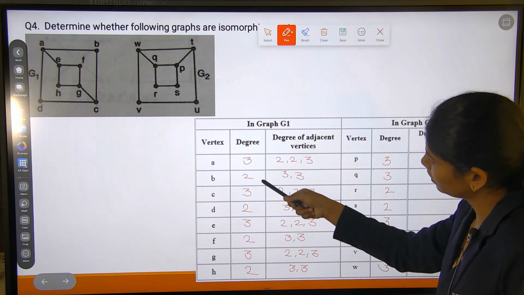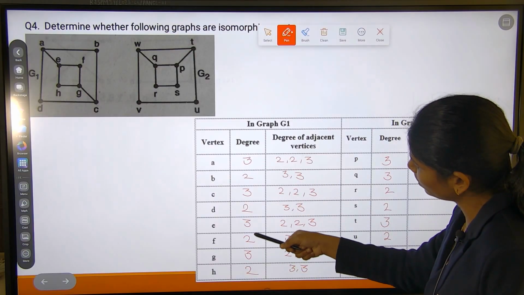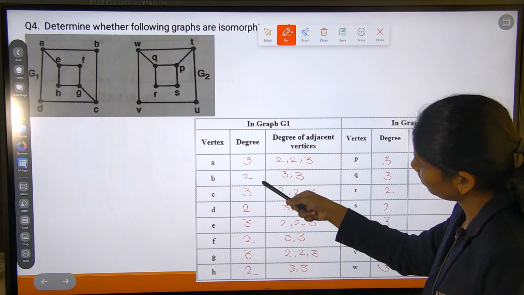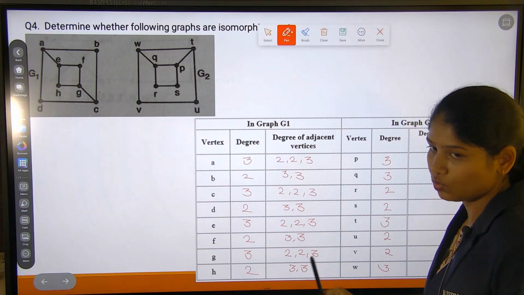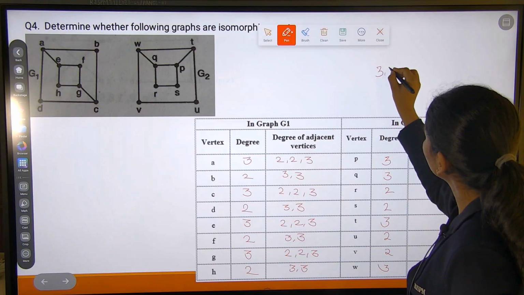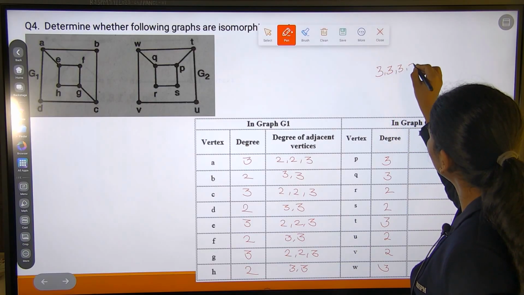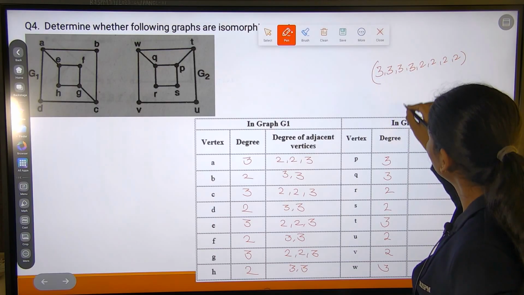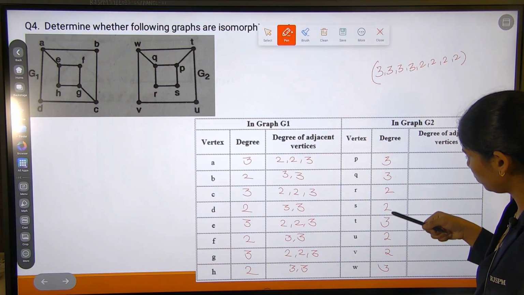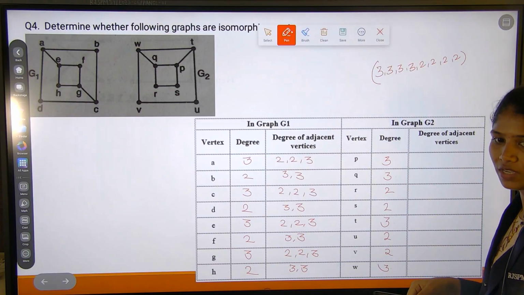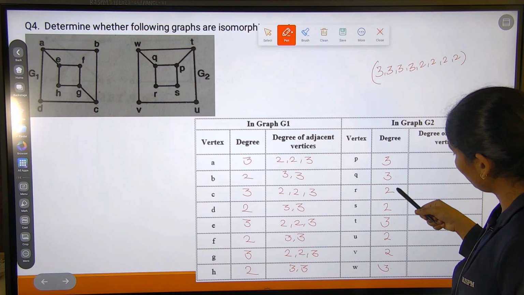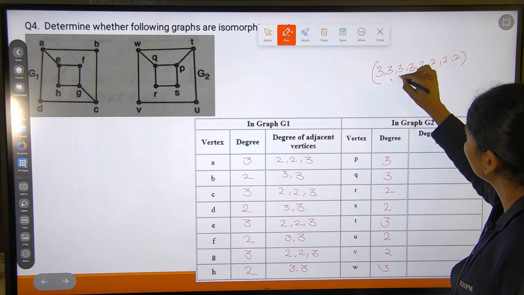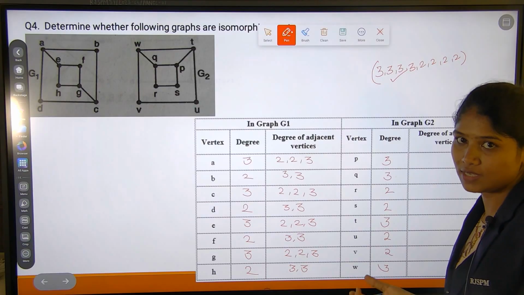Here degree 3 has 4 vertices, 1, 2, 3, 4, and the remaining 4 vertices have degree 2. So the degree sequence is 3, 3, 3, 3, 2, 2, 2, 2. For G2, 4 vertices have degree 3 and 4 vertices have degree 2. Therefore the degree sequence is the same.